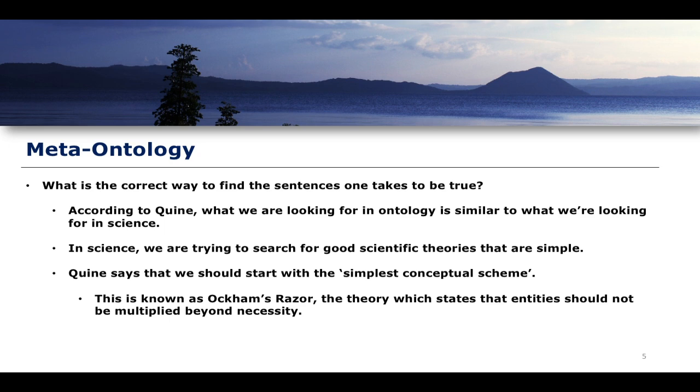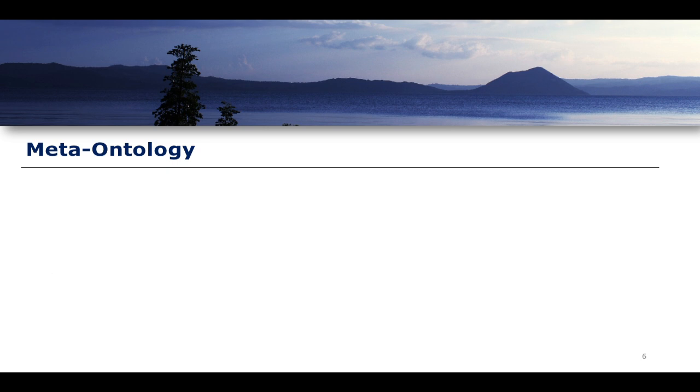When it comes to the theories of approaching ontological commitments, Occam's razor is fundamentally an ontological tool that one may use to try and come to determinations about what the correct course of action is in terms of a belief system. So what the theory of Occam's razor simply states is that entities should not be multiplied beyond necessity.